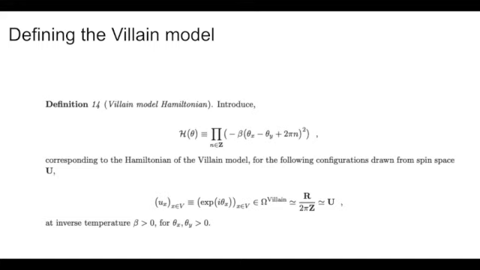And from this Hamiltonian that we use for the Villain model, we know that the spin space from which we can sample configurations that we would like to look at this probability measure under is U of x, where x is one of the vertices in the underlying graph whose structure we had introduced before when discussing the metric graph Gaussian free field.